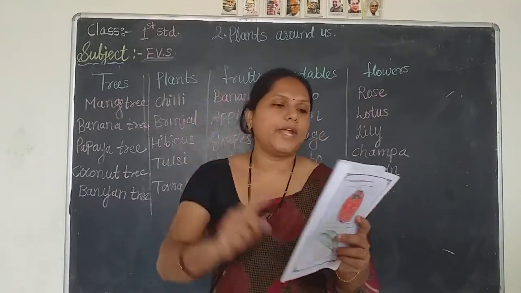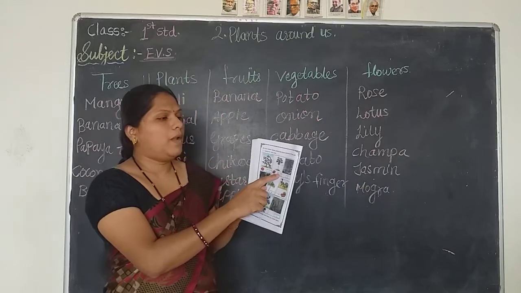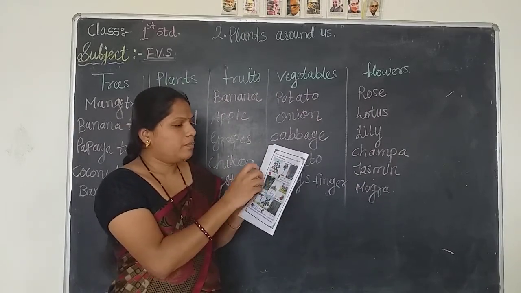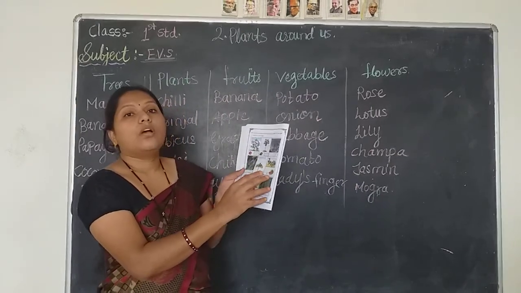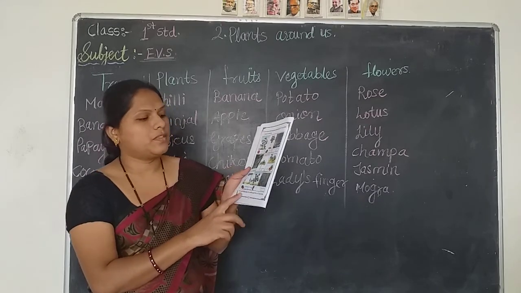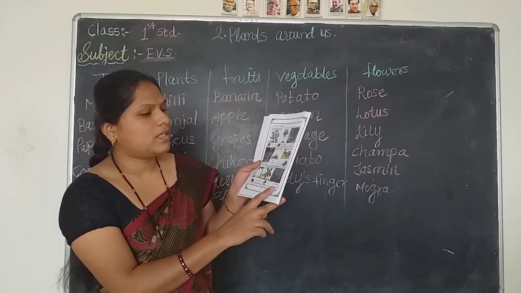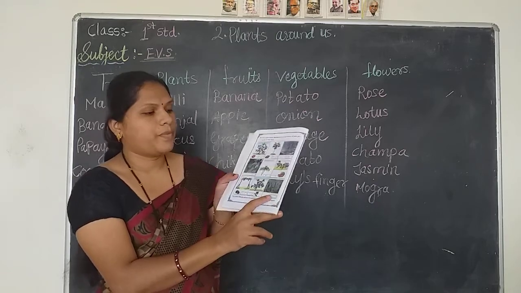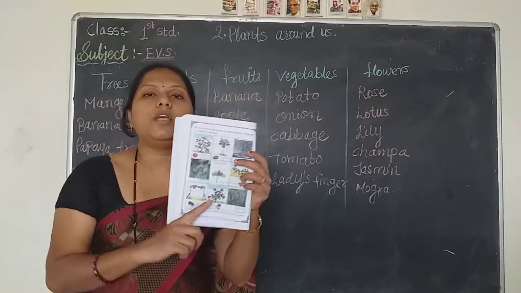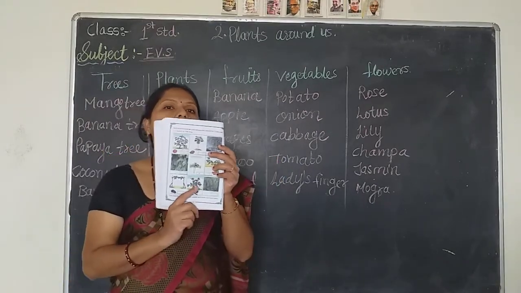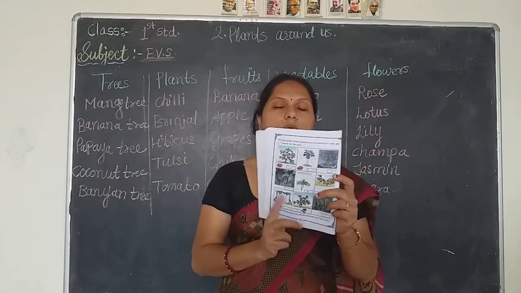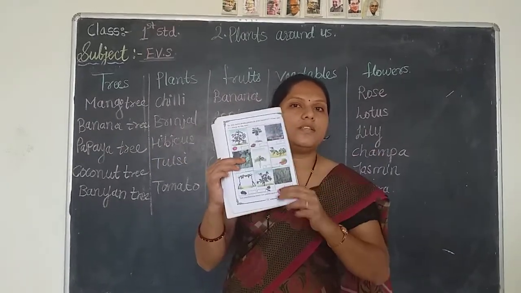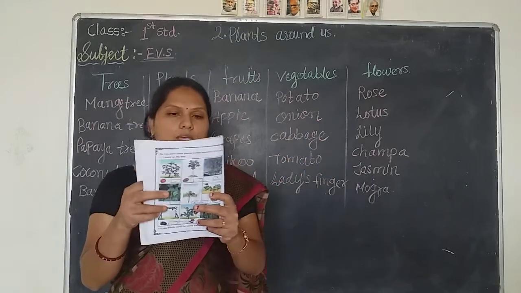If yes, put a right mark there. Papaya plant, drumsticks, beans, radish, watermelon, grapes, hibiscus, these are also beans I think. If you see them, make only a right mark. If you don't see them, make a cross mark there. Okay. Have you done this, children? Okay.